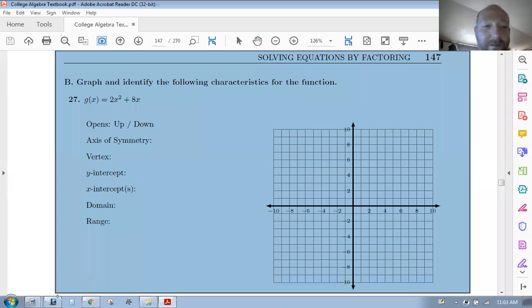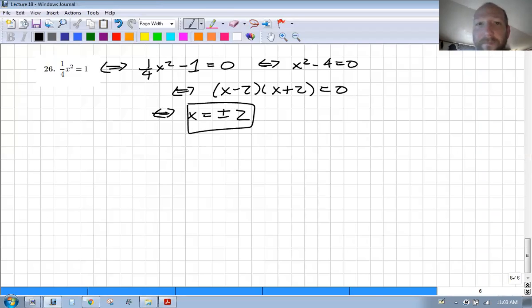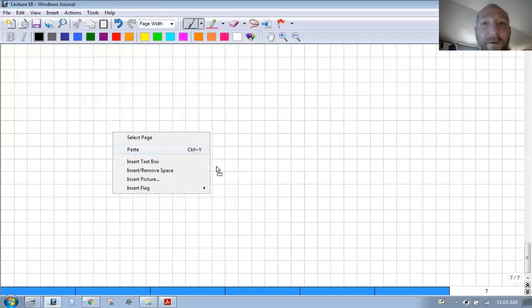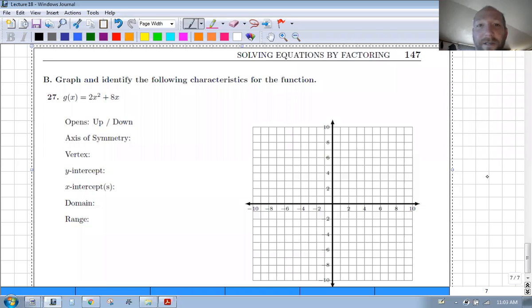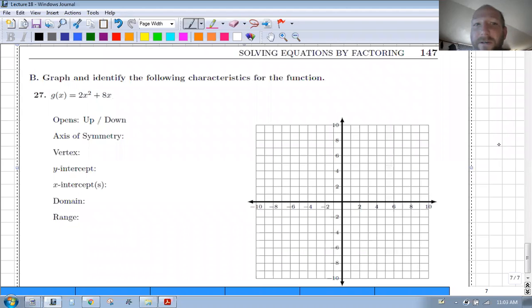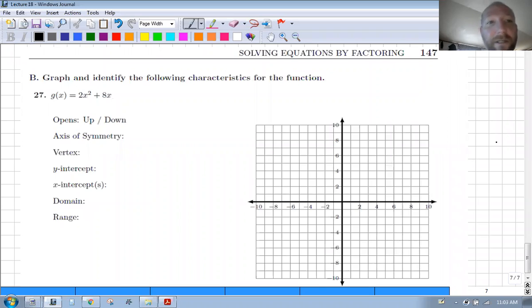Let's see what they want us to do here. Graph and identify the following characteristics for the function. All right. A is 2, which is positive, so this thing opens upward. The axis of symmetry, negative b over 2a. So negative 8. 2 times 2 is 4, so this is a negative 2.